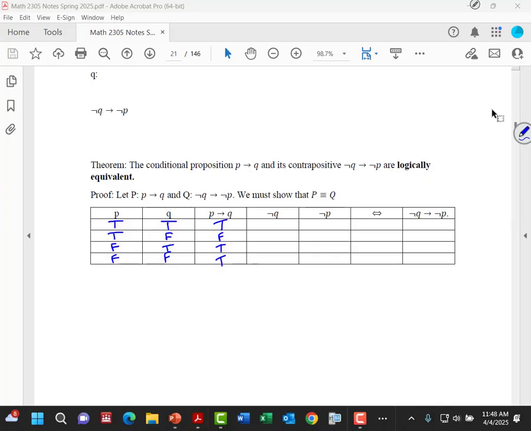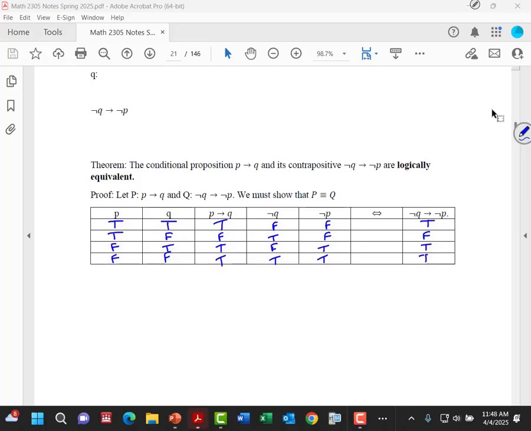Not Q would be false, true, false, true. Not P would be false, false, true, true. Now, if I do not Q implies not P, this would give me true, false, true, true.